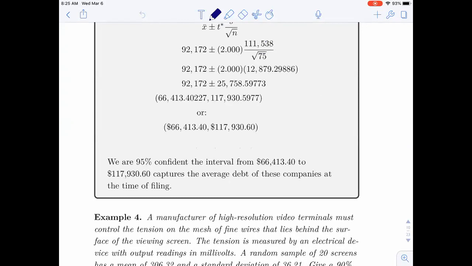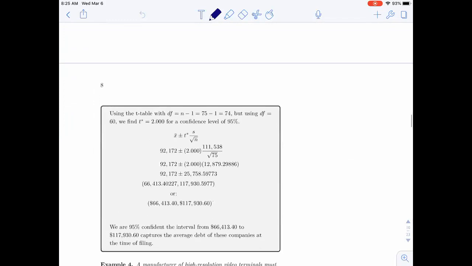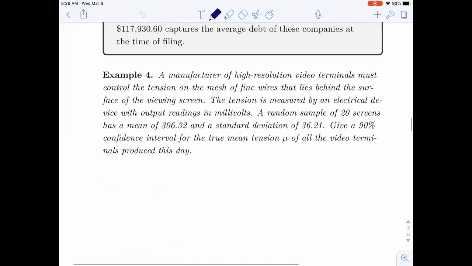Okay. So let's do one together. Do I have any side notes here? No. Oh, this one's kind of weird, but whatever. A manufacturer of high resolution video terminals must control the tension of the mesh of fine wires that lies behind the surface of the viewing screen.